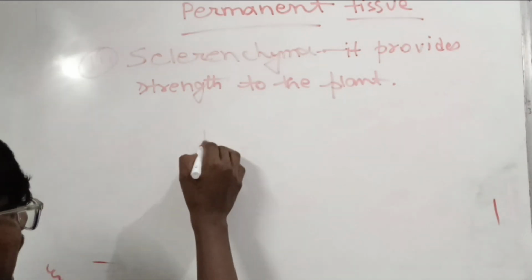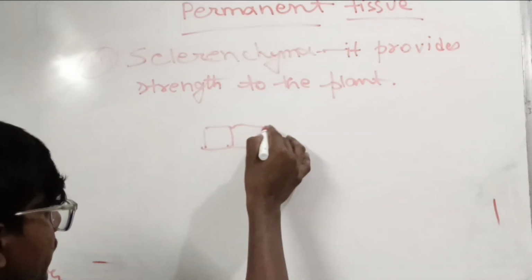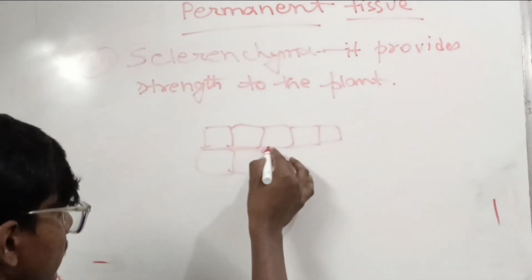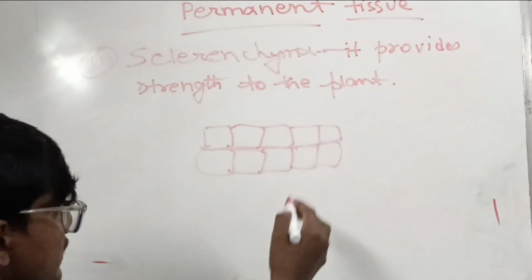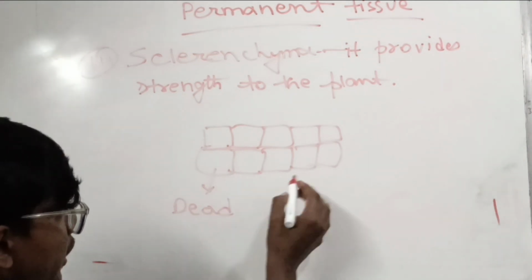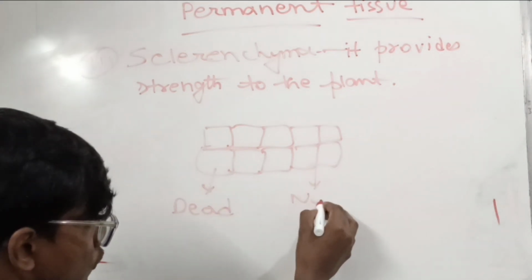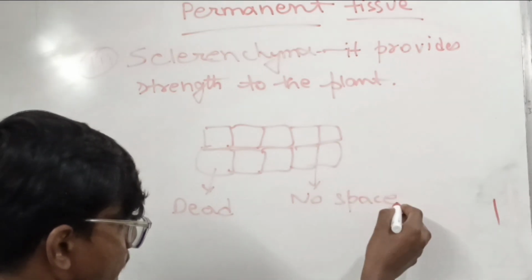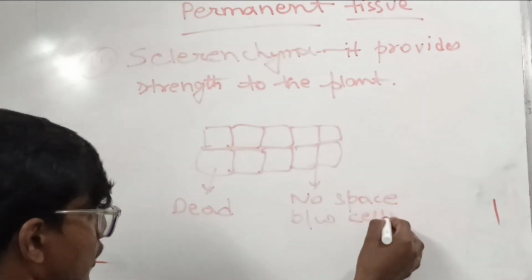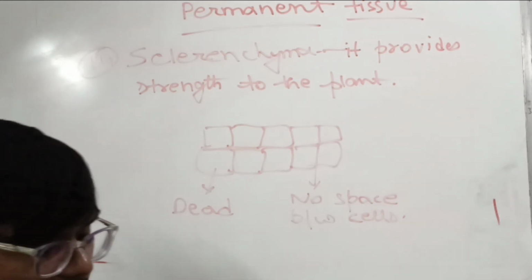And the cells are tightly packed with each other. Because of that, they will not have any spaces between the cells. Cells are dead. No space between the cells. So this is about the sclerenchyma.